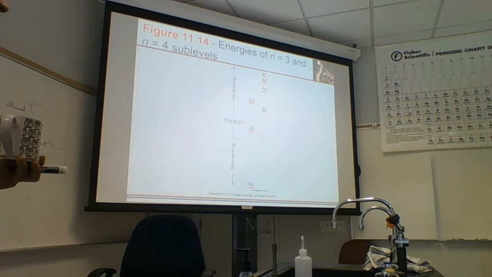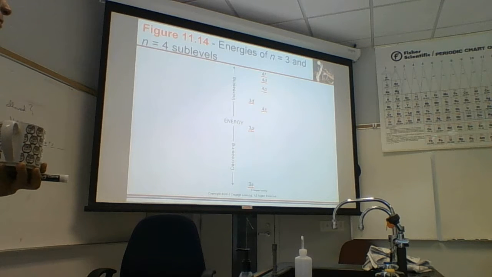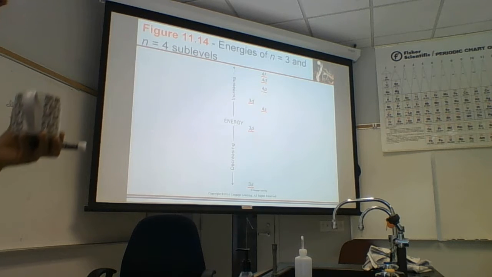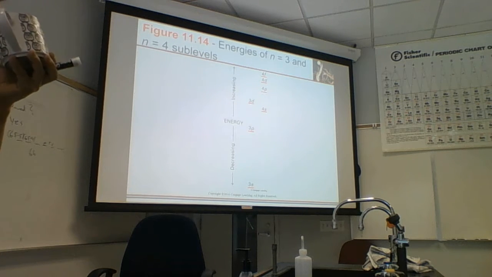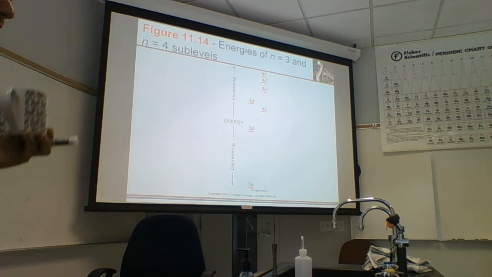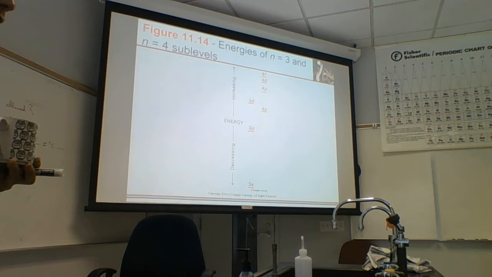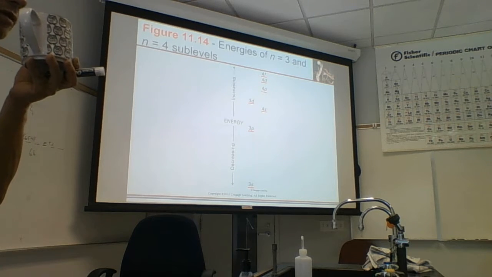There's a huge gap between the 3s and the 3p, but really there isn't a huge gap. What else is funny? What's funny about the 3p? Compare it to the 3p's I have and their 3p. What's different?